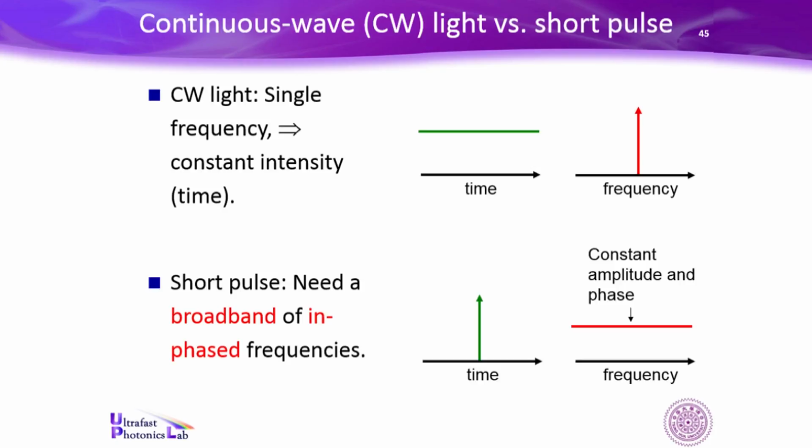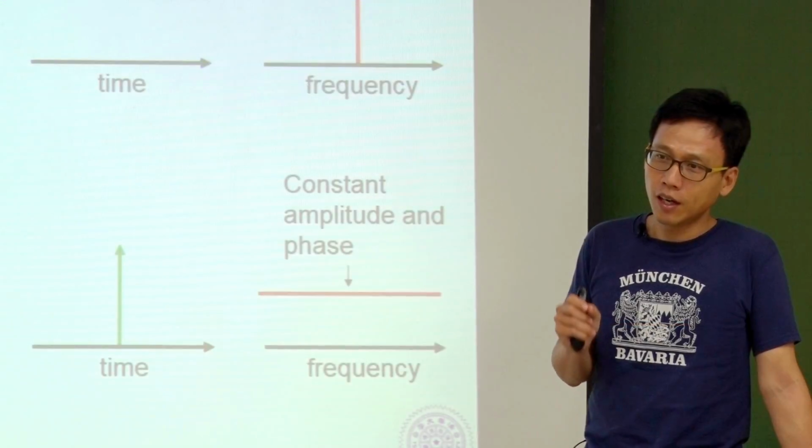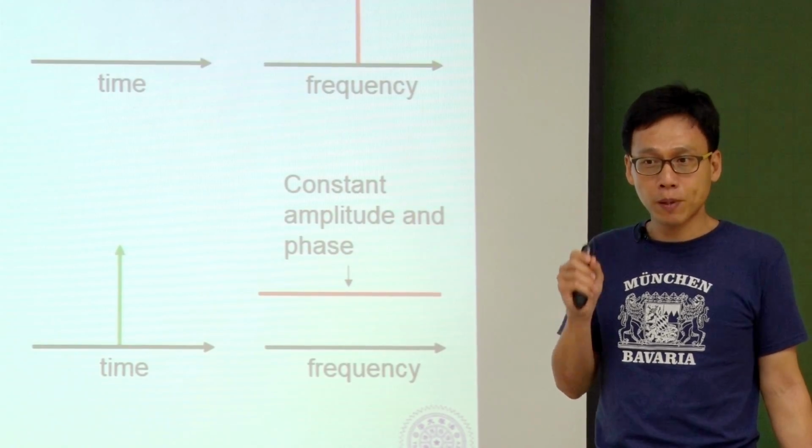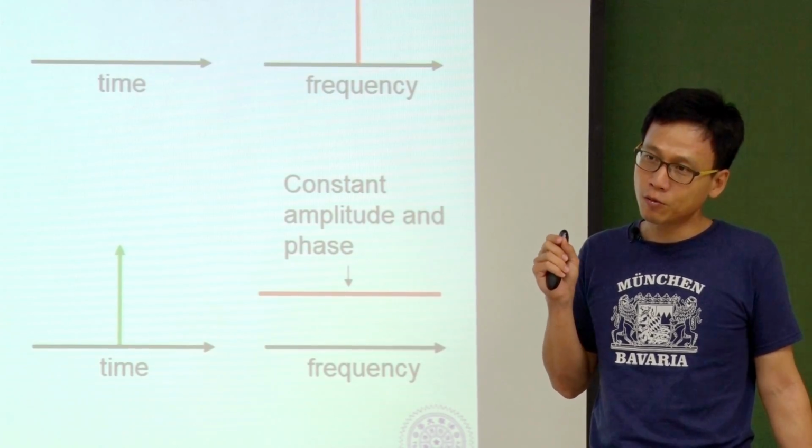Even if your time domain function is real, your frequency domain function in general is complex. And if you want to specify a complex function, you have to specify both amplitude and phase.